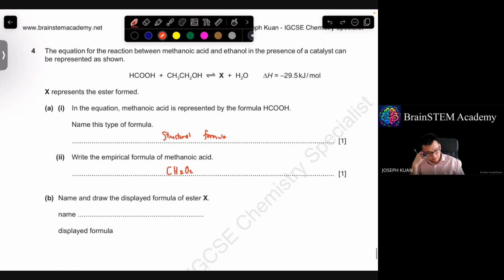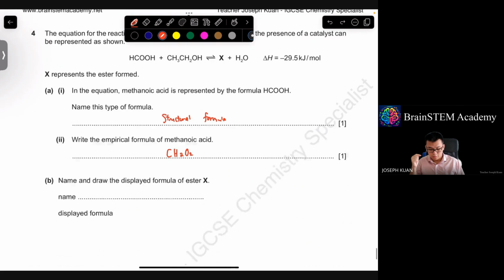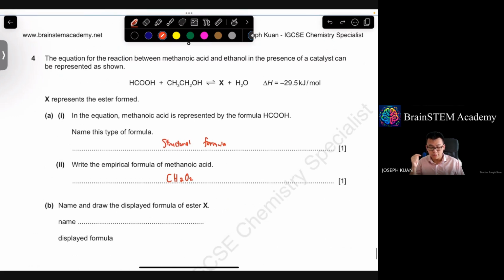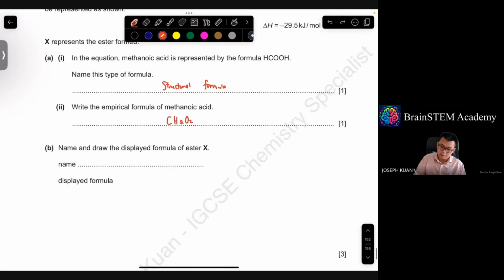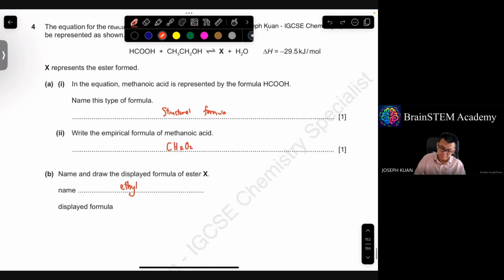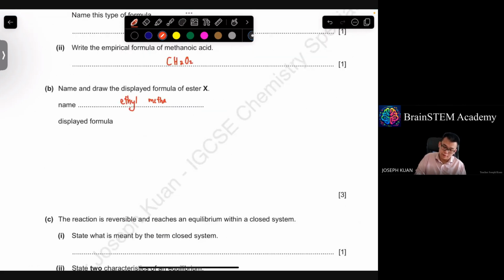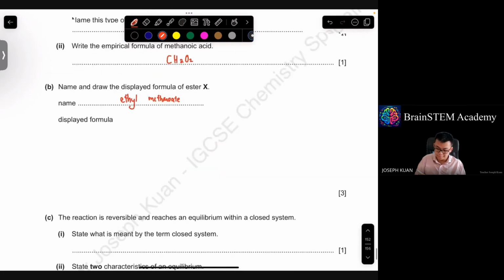Okay, name and draw the displayed formula of ester X. Okay, so you have methanoic acid and ethanol. You will form ethyl methanoate. The first name is derived from the alcohol, ethyl. The next name is derived from the acid, so methanoate, ethyl methanoate.